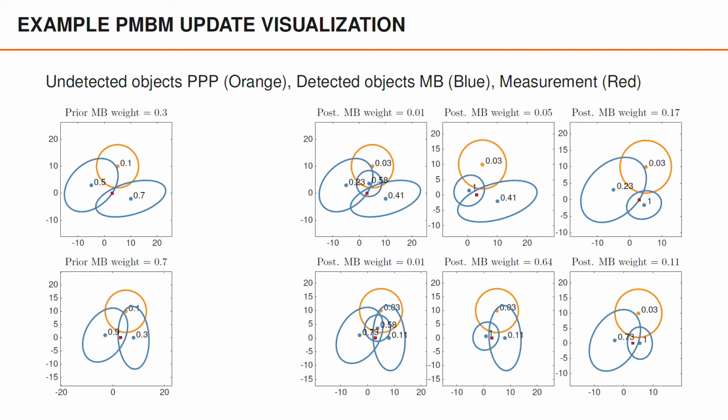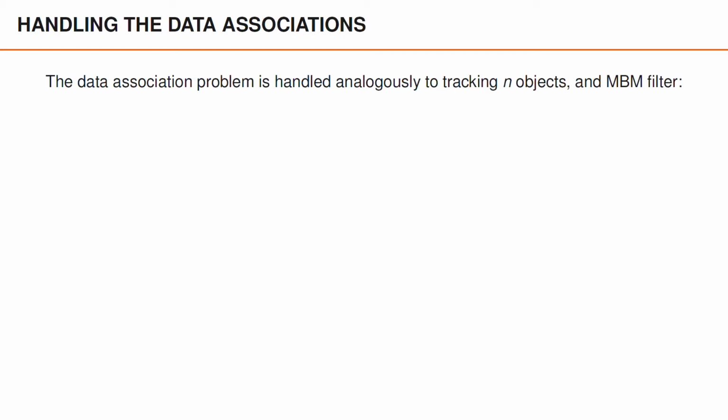And the reason for this is that the initiation of new Bernoullis is measurement-driven. Instead of adding Bernoullis to each multi-Bernoulli in the prediction step, we only initiate a new Bernoulli when a measurement is not associated to a previously detected Bernoulli.